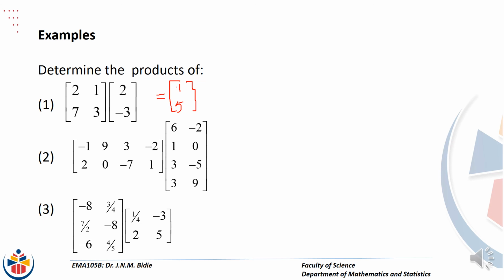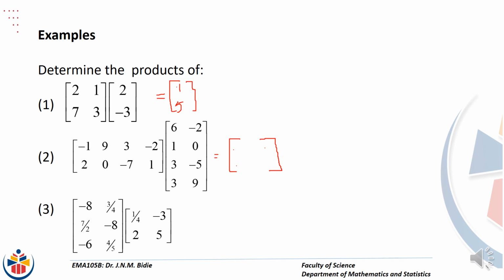Number 2, this is a 2 by 4 matrix, and this one is a 4 by 2 matrix. So that means you'll only get a 2 by 2 matrix. Please work out the entries. Remember, this is C11, C12, C21, C22.